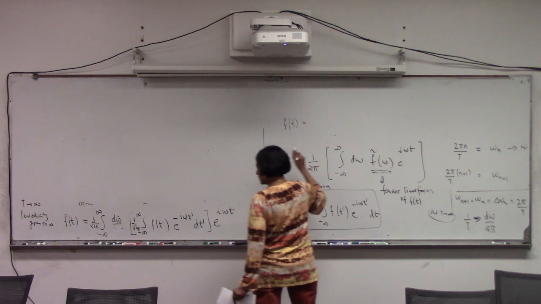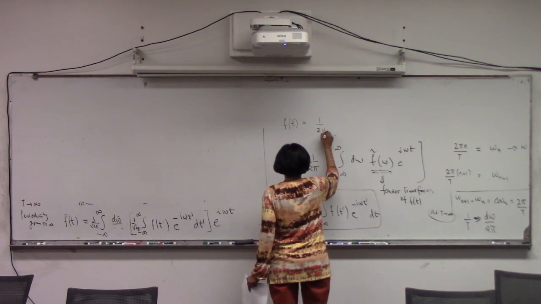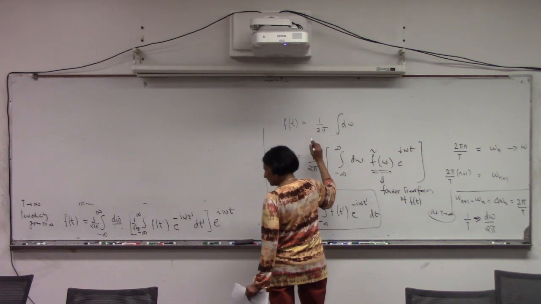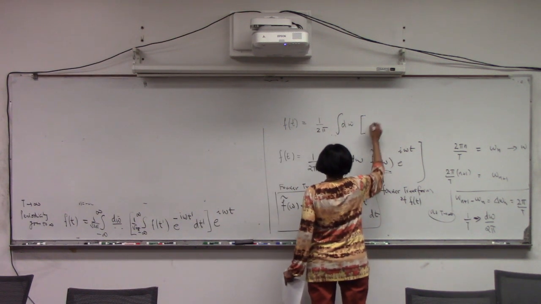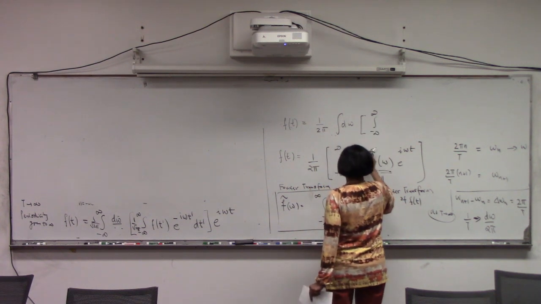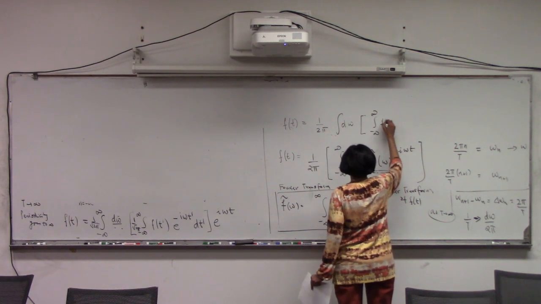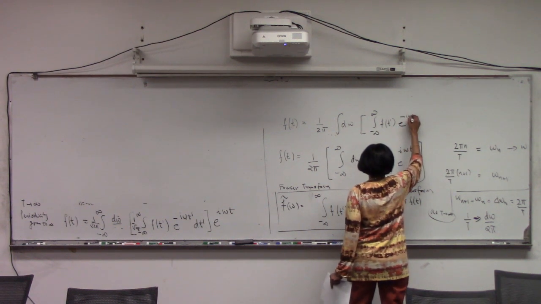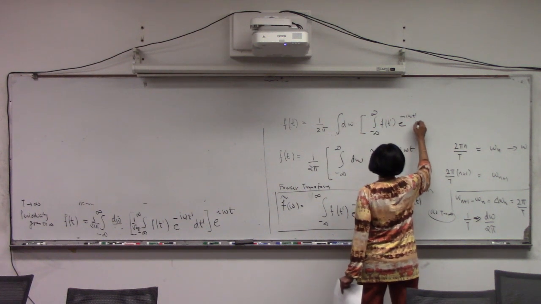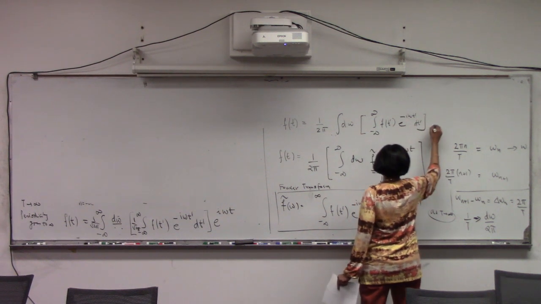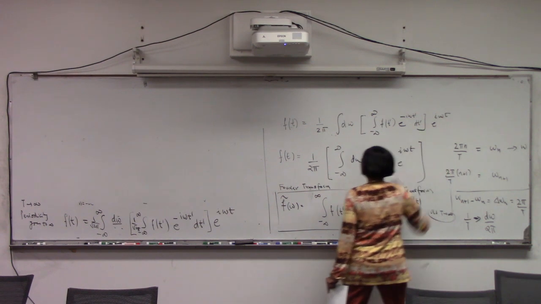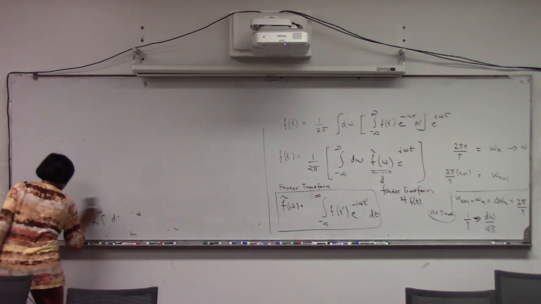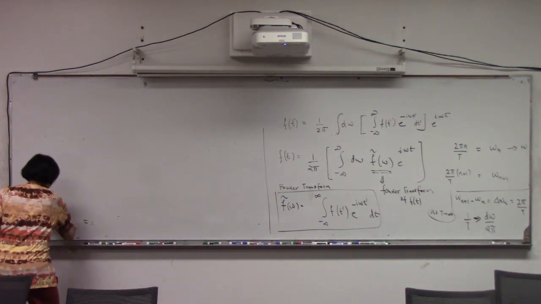I have, let us say, 1 over 2 pi d omega of, supposing I had written it like this, the integral from minus infinity to plus infinity.